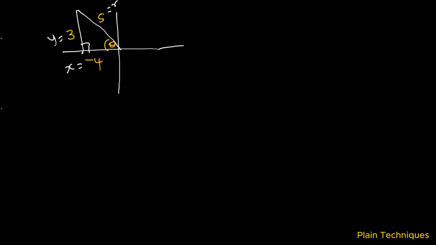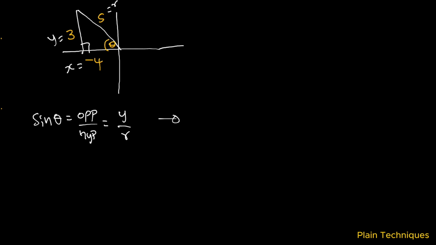Okay? So we know that sine theta is opposite over hypotenuse, okay? From this as a reference, right? Opposite will be y, and therefore hypotenuse will be r, okay?